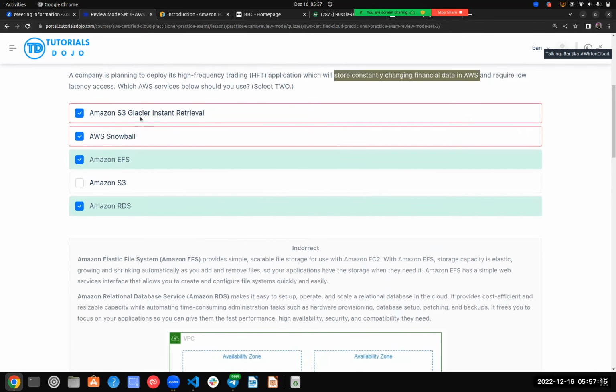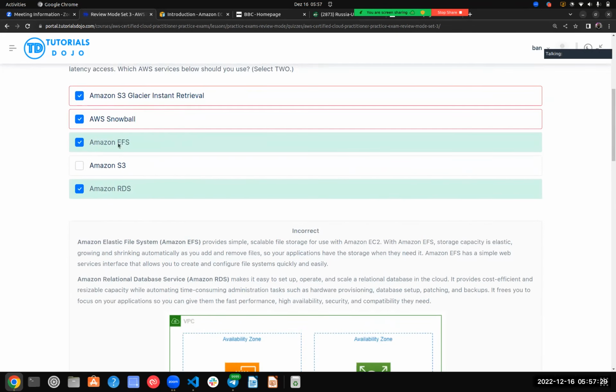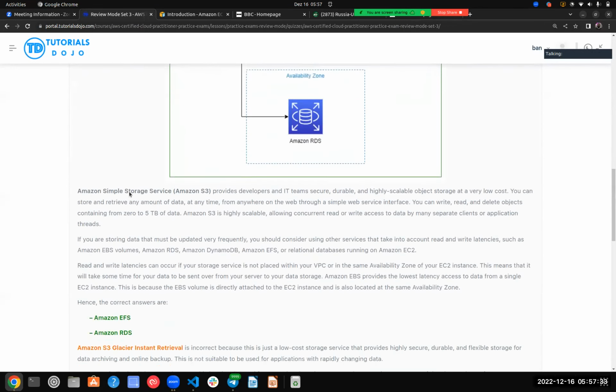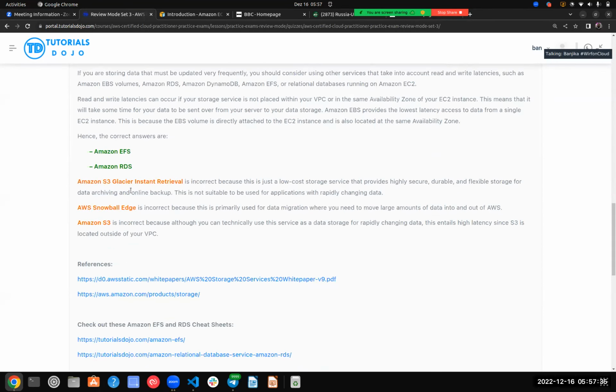If you just have that in mind and remember that we're not doing migration, you can be left with the answers. At times you can read and know exactly that these are the only two services here that will tolerate constantly changing data. You could then just go for the answers, or you can eliminate as we have done. I don't know if there's a question. That's well understood this way.